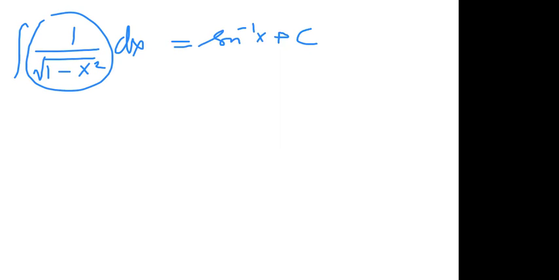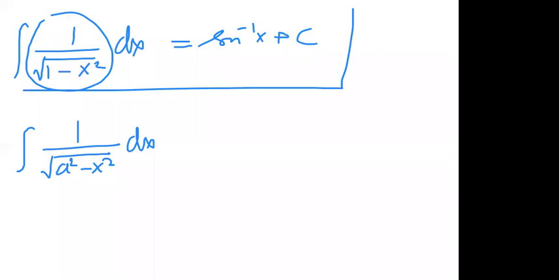In the same way, if the question comes integral 1 upon under root a square minus x square dx, as we have done the revision of the identity, it is similar, but in place of 1, it is written a. So it will be a square. So 1 upon under root a square minus x square, if it comes, then its formula is sine inverse x upon a plus c.